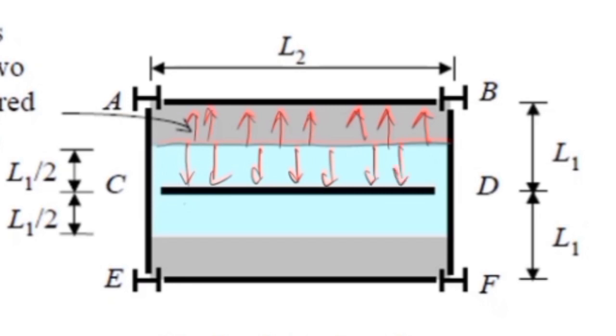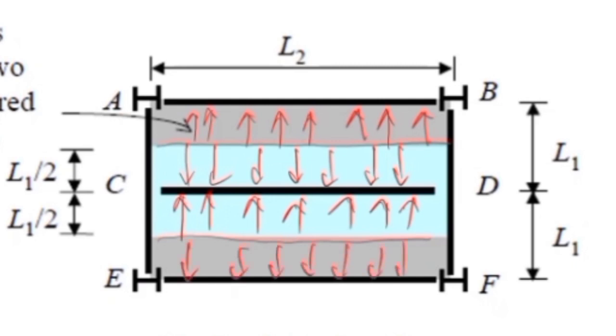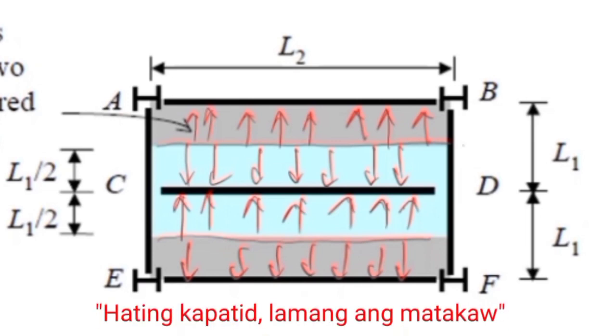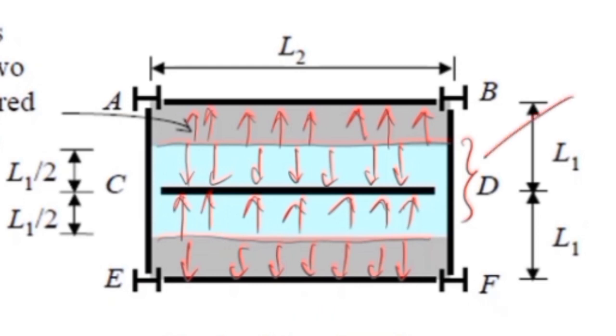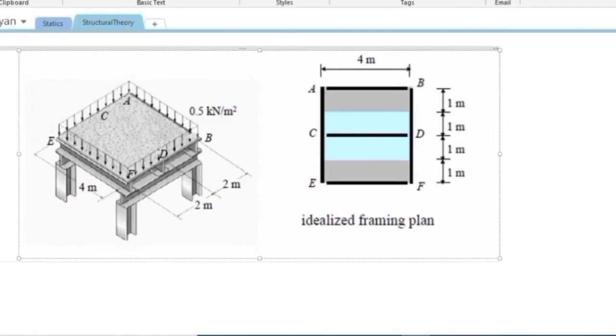And in here, kalahati ng load ay mapupunta kay beam CD at kalahati naman ay mapupunta kay beam EF. So, technically, hatian lang to, no? Para tong sa magkakapatid, hating kapatid, pero lamang ang dalok, no? Dalawa kasi mapupunta sa kanya.